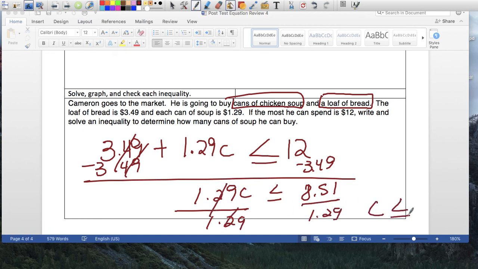The number of chicken soup that I can buy has to be less than or equal to 6.59, or actually it's going to round to 6.6. Can I buy 6.6 of a can? No. So the maximum number of cans that I can buy is 6. Good, done.